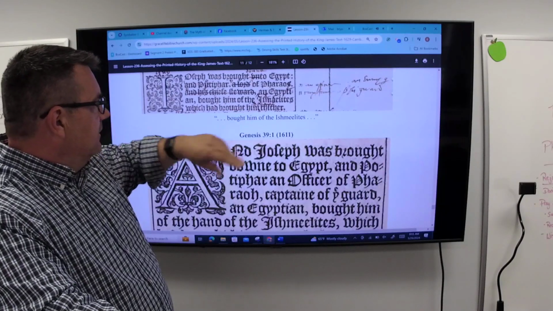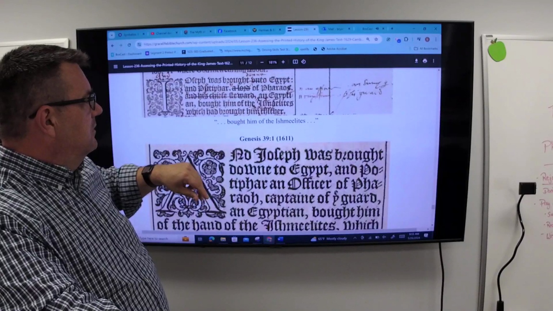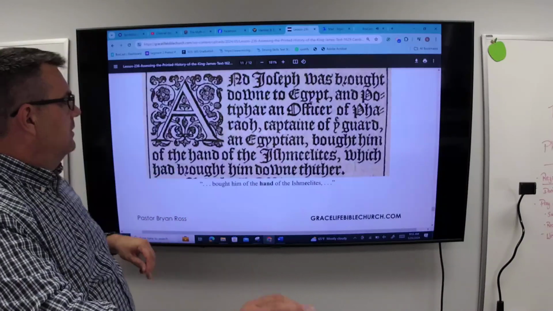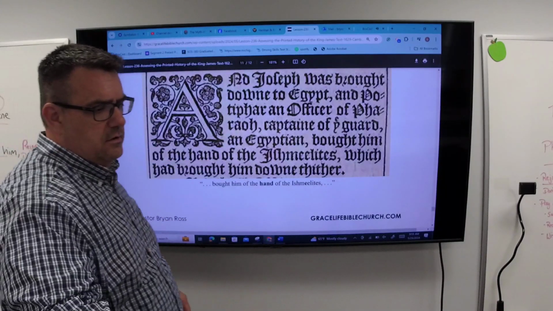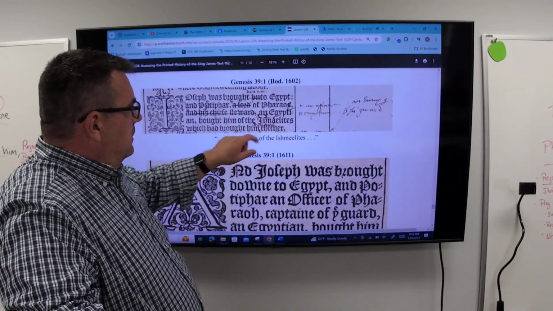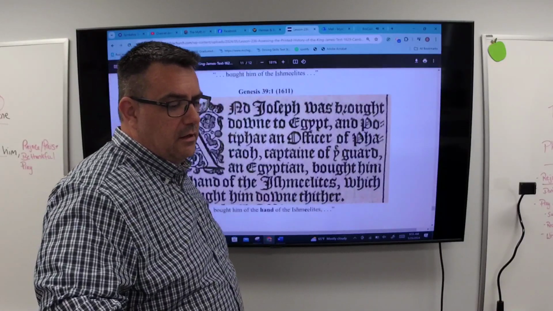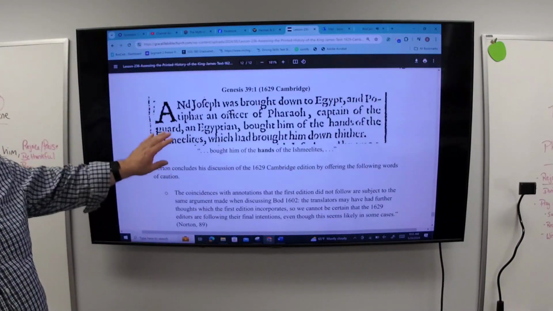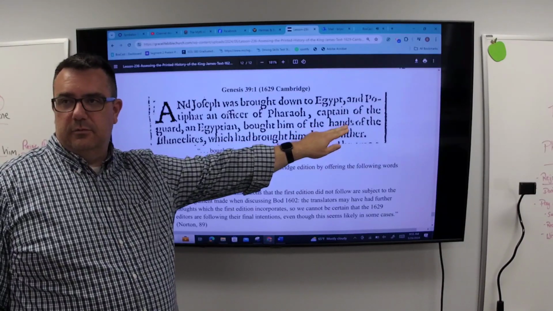Something's off here. I've got to look at this one again. But look at the next page, it says "hands" instead of "hand." So here's "hand of the Ishmaelites." I'm thinking one of these is about "hand," but sometimes it's hard to read. Then if you go to the next page, 1629 Cambridge, "brought him at the hands of" what? The Ishmaelites.